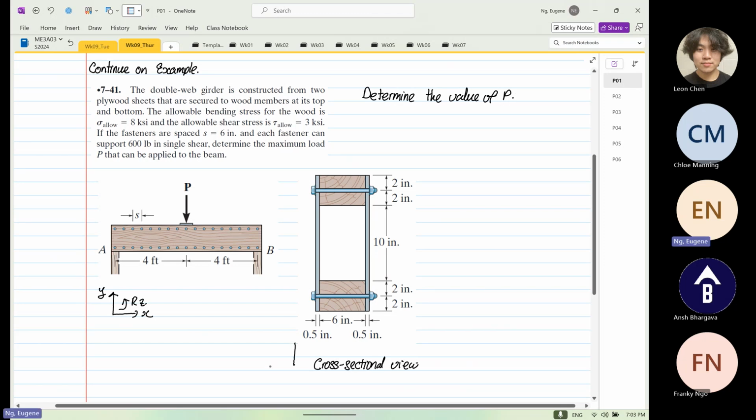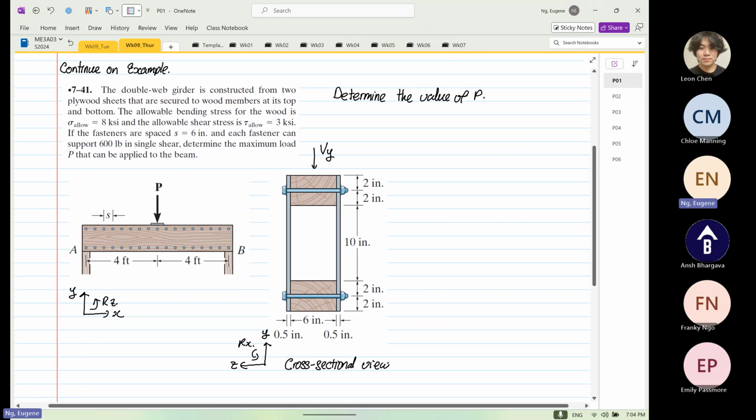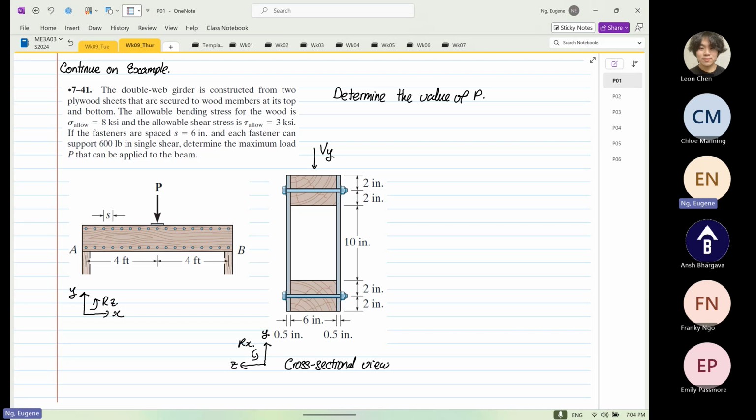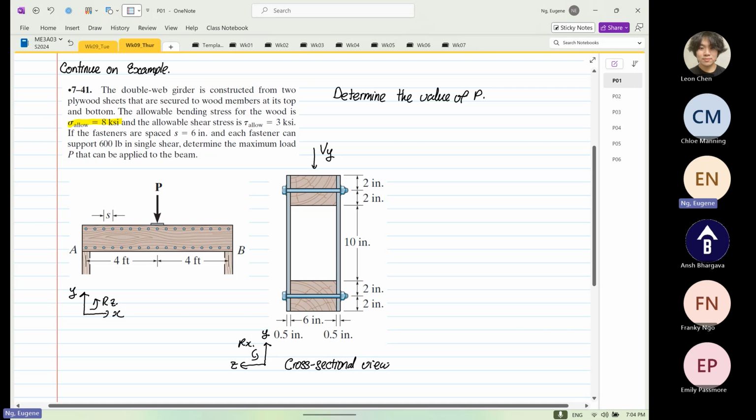And you have Y, Z, and you have rotation about X. Okay. So over here, we know that it's a Vy. Okay. And we do know about the failure modes, right? There are 3 different failure modes, but what's given to us are values of normal stress due to bending, shearing stress due to the shear force, and the fastener.